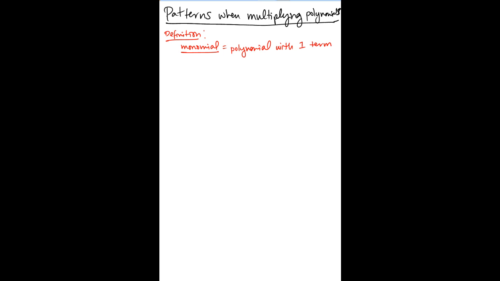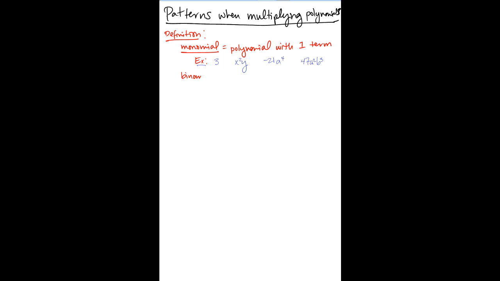So for example, things like 3x squared y, negative 21a to the 4th power, 47a squared b to the 3rd power. These are all monomials.